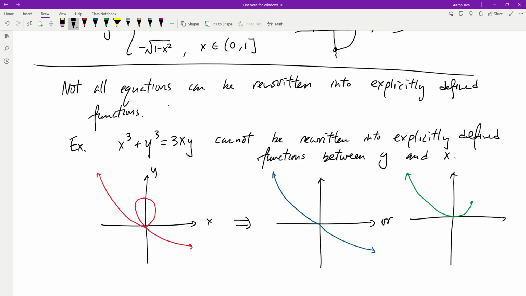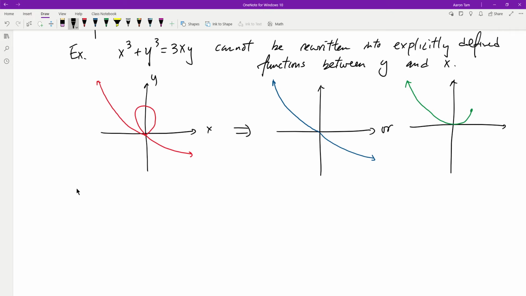And because of that, what we need to do is learn a way to find this derivative without forming the explicitly defined function. And that's what implicit differentiation is.